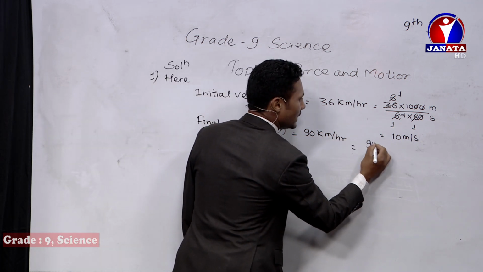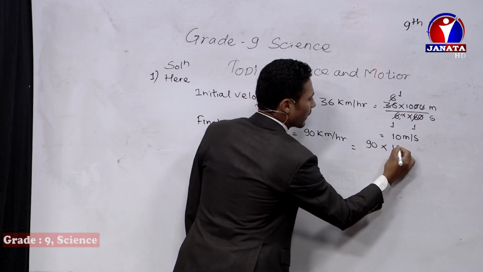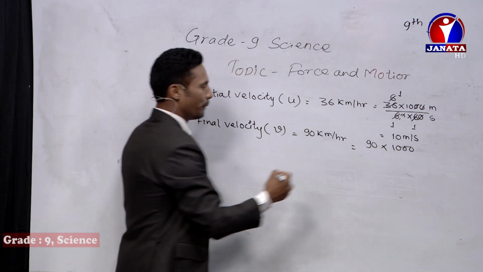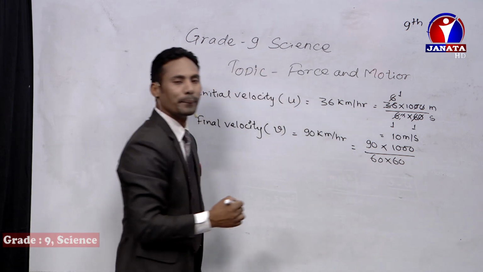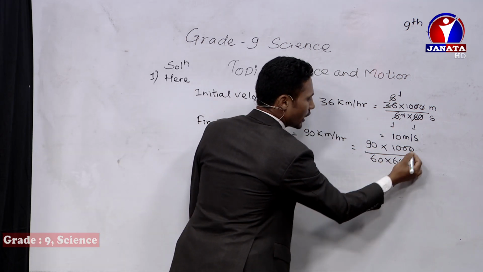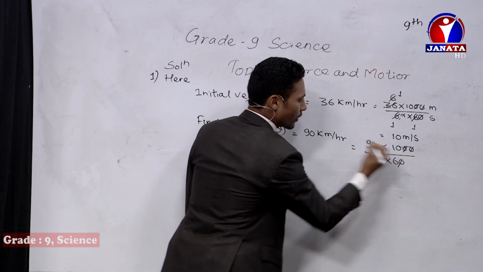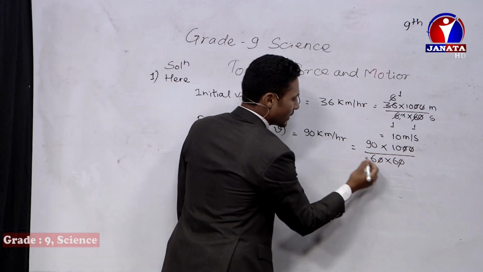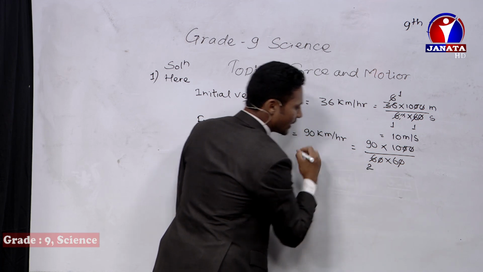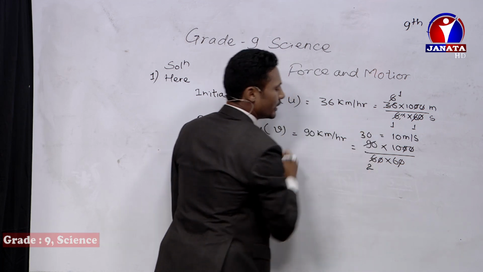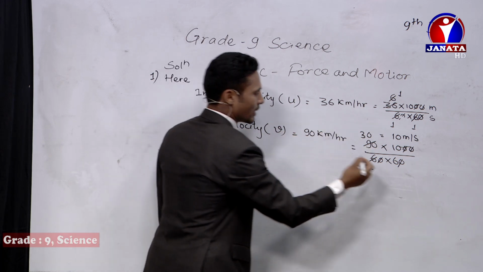That is 90 multiplied by 1000, now it is meter, divided by 60 into 60. Okay, so this 0 and this 0 cancel. 0 and 0 cancel, right? And we can cancel this 6: 3 2s are 6 and 3 3s are 9, and 0 is as it is, right?